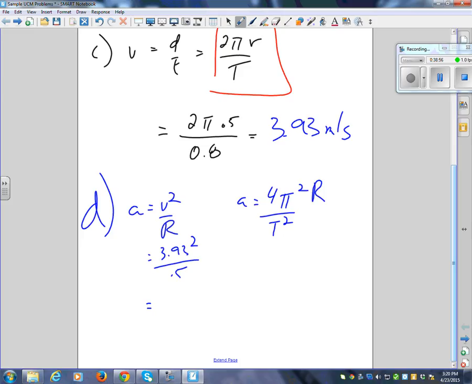So 3.93 squared divided by 0.5 is 30.9 meters per second squared. Does that seem like a relatively large number? It does a bit, doesn't it? It's because you have to change the direction.